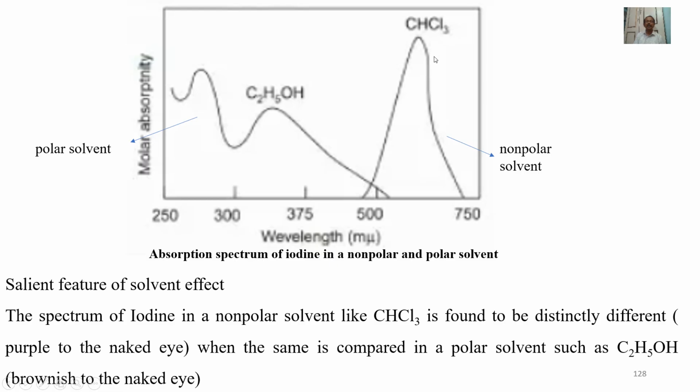The polar solvent example is C2H5OH, and the nonpolar solvent is chloroform. Salient feature of solvent effect. The spectrum of iodine in a nonpolar solvent like CHCl3 is distinctly different, purple to the naked eye, when compared to the polar solvent such as C2H5OH, brownish to the naked eye.